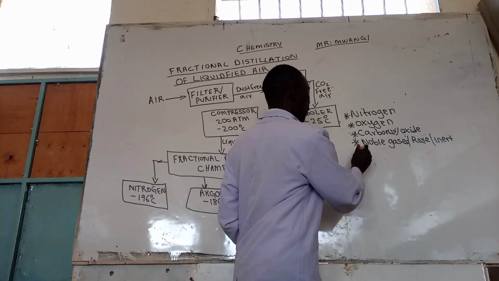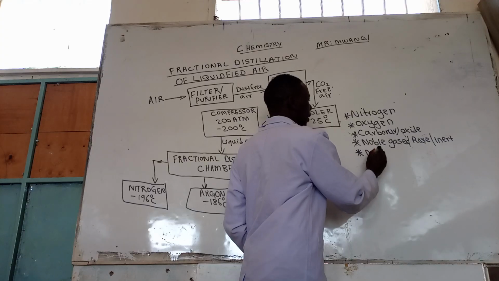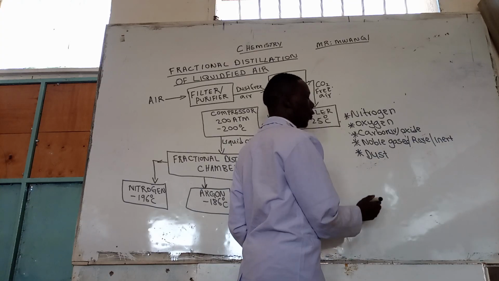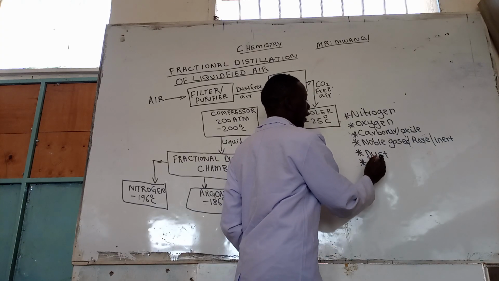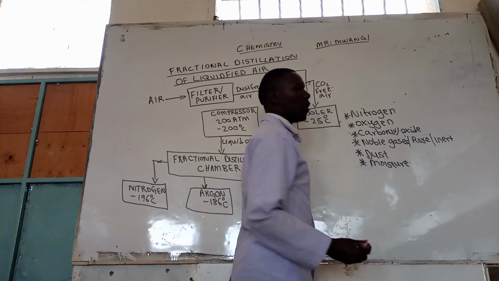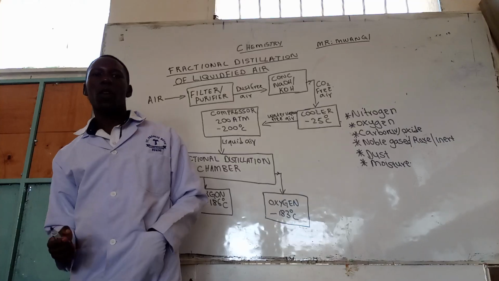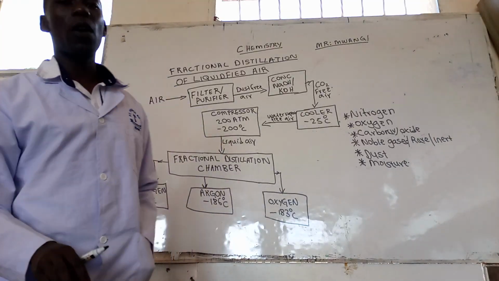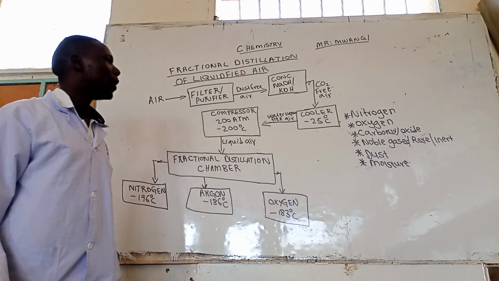Then we also have dust particles and moisture. Those are the various components that can be found in the air.